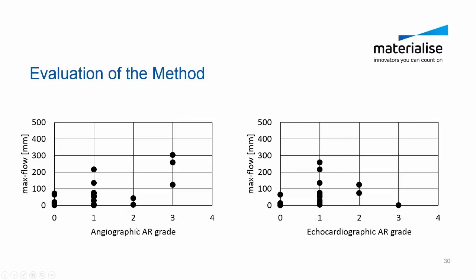You can see that the patients with grade 2 have a low max flow value, which is the value we calculate, and it's actually lower than in patients which have a grade 1. We can't find any relation in the echocardiographic measurements, unfortunately.